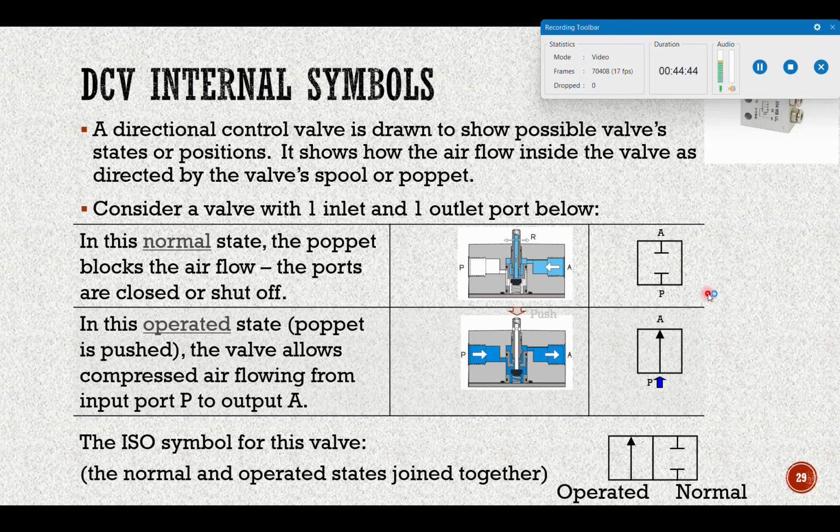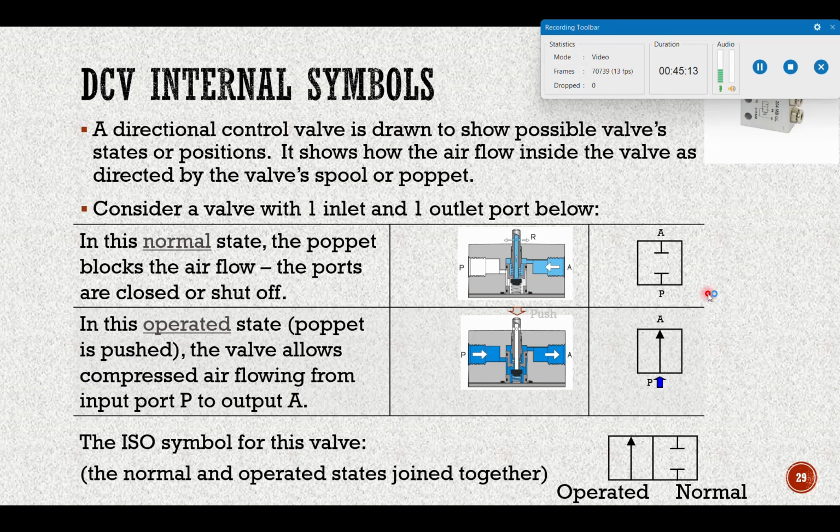So here are the internal symbols in the DCV. It's drawn to show possible valve states or positions, so it shows how the air flows inside the valve as directed by the valve spool poppet. Let's say we consider a valve with one inlet and one outlet port below. In this normal state, the poppet blocks the air flow and the ports are closed.